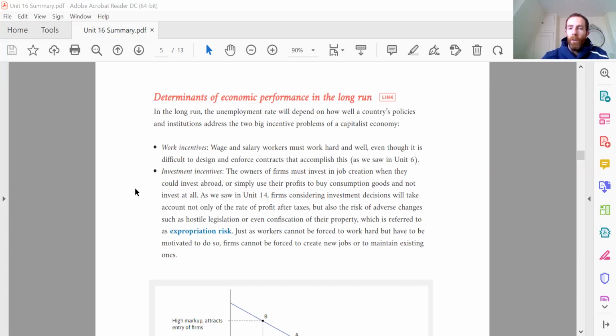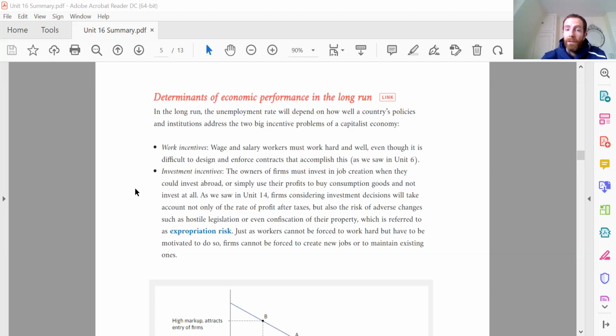So in order for unemployment to fall in the long run, there needs to be a higher level of output being produced, being required, and therefore jobs being created. And that, we've seen, is going to come from investments in the capital stock and improved technological advancements.